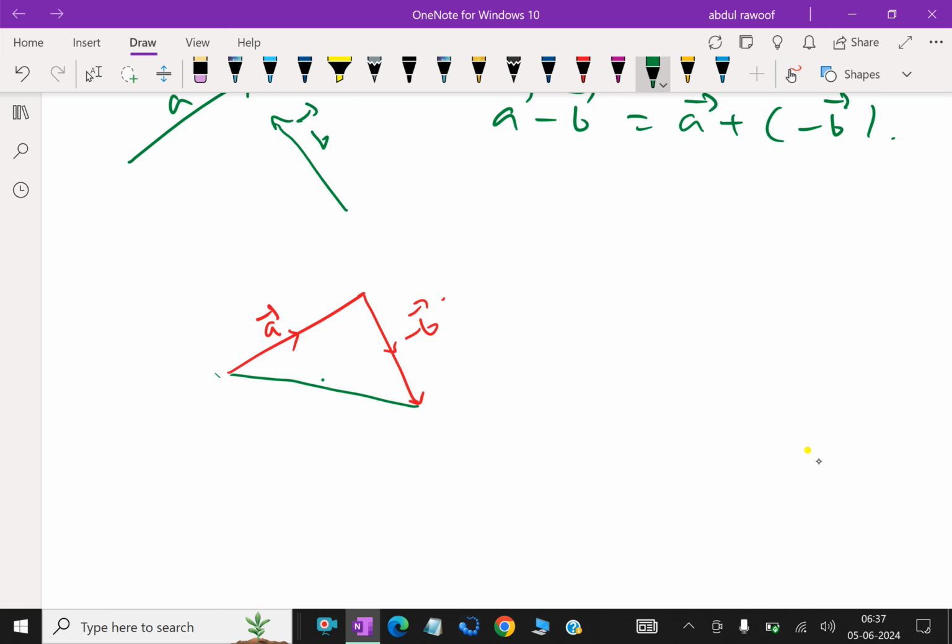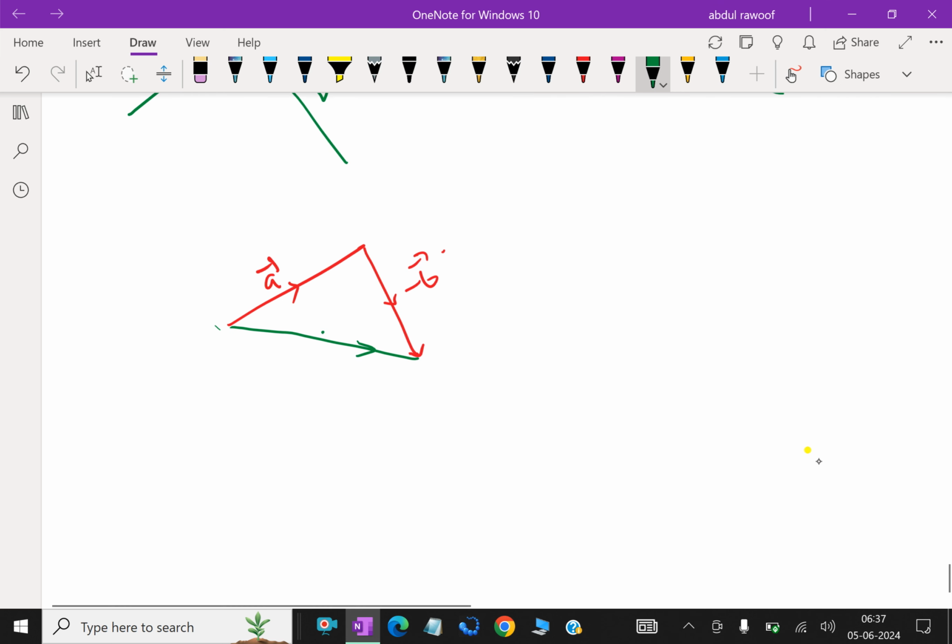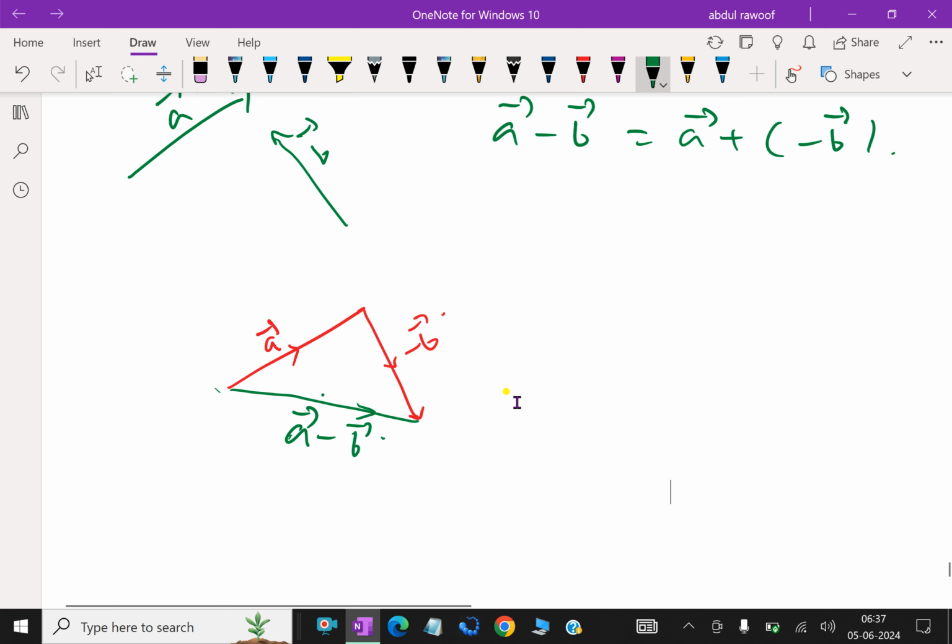This vector is represented by vector A minus vector B. Since this is the addition of vector A and minus vector B, this is vector A minus B. That means, look at here, this vector B is actually like this. This is vector B. This is a negative vector B.